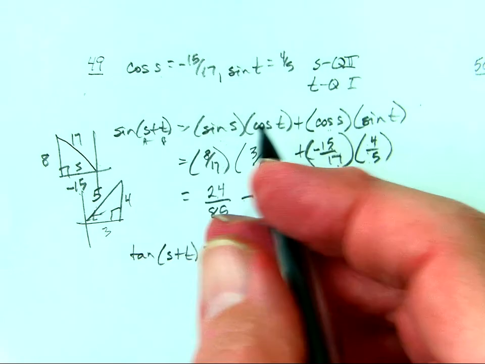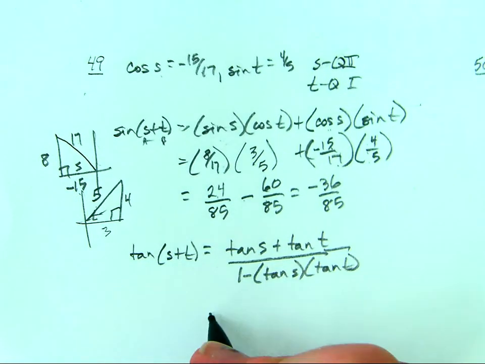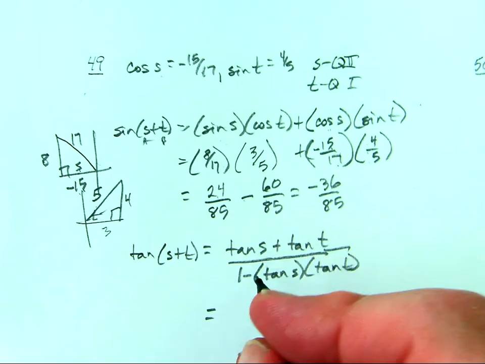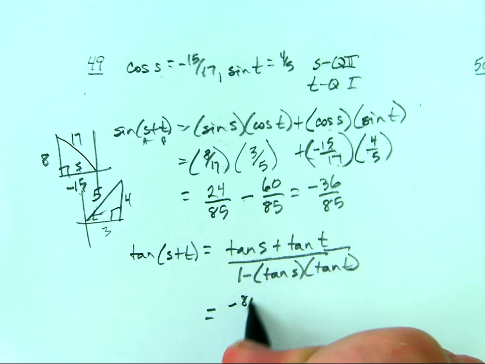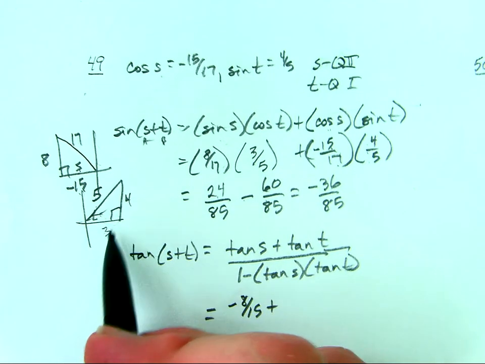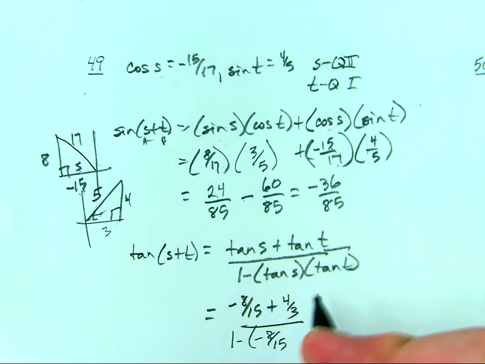Now they didn't give us any tangents, but since we already drew the triangles, we can use those for our tangents. Like here for s, the tangent of s is 8 over a negative 15. So negative 8/15. The tangent of t from this triangle is 4/3. Then plug those same numbers in the bottom. Again, the tangent of s is negative 8/15. Tangent of t is 4/3.